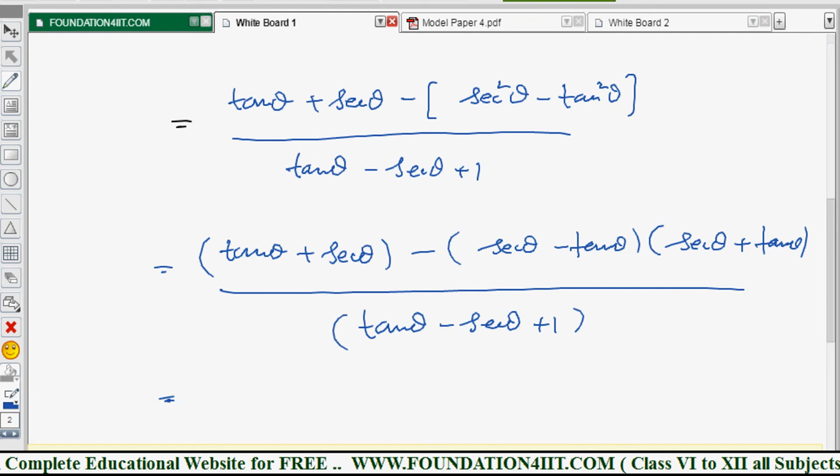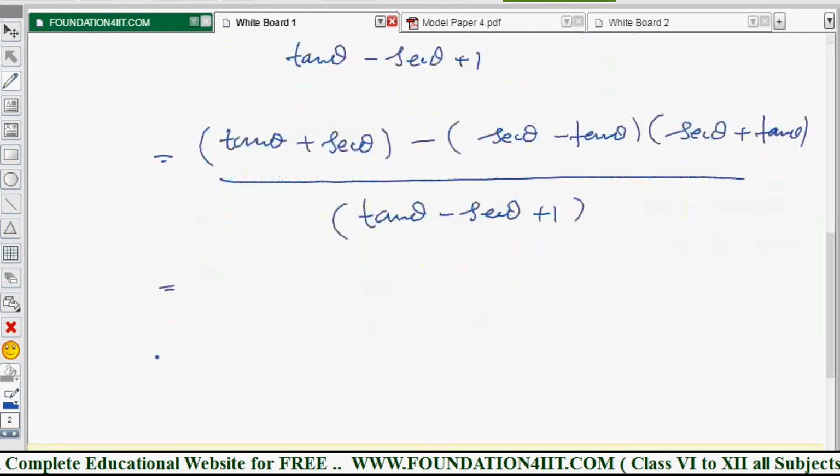From the numerator we can take the common tan plus sec. Here is tan plus sec, here also sec plus tan, which is the same. So we take tan theta plus sec theta common.